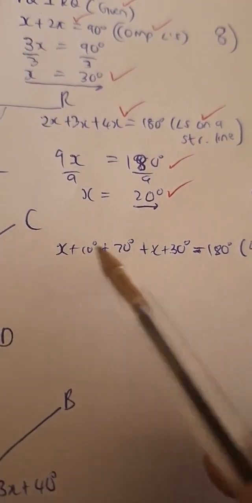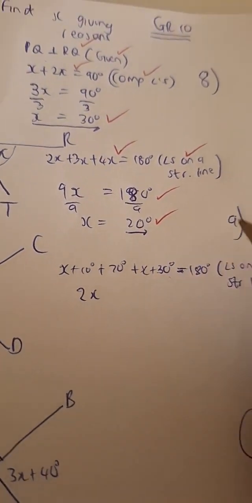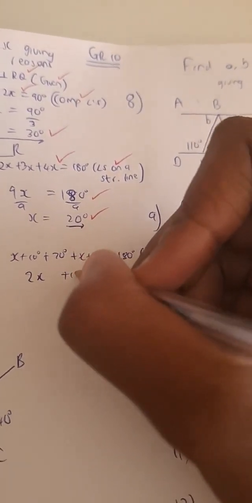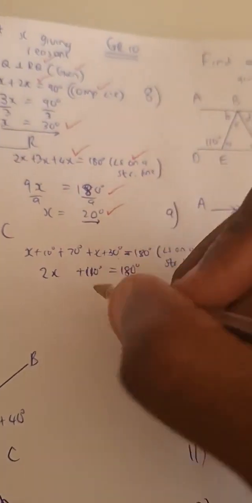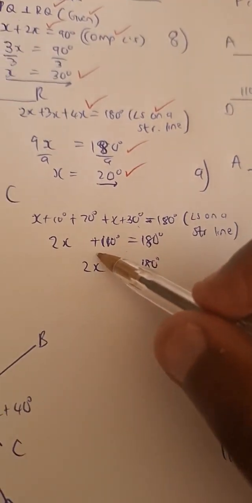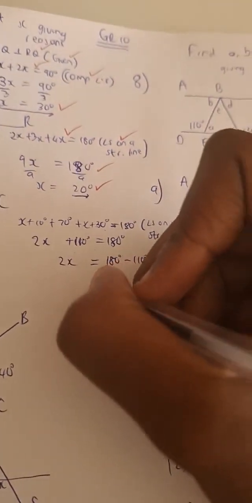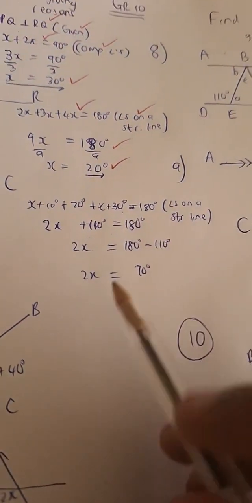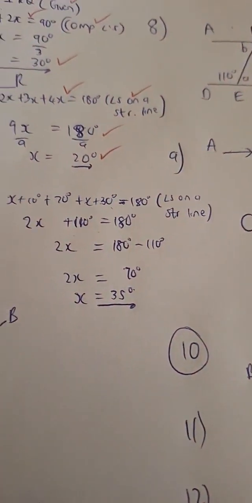Then like terms we add. x plus x, we know that's 2x. 10 plus 70 is 80, plus 30 is 110. We transpose the 110, isolate the 2x. The 110 crosses over as a separate term. Its positive changes to negative. We get 70 degrees. 2x is equal to 70. And then, of course, when we divide both sides by 2, I'm sure you guys know the answer is x is equal to 35 degrees.